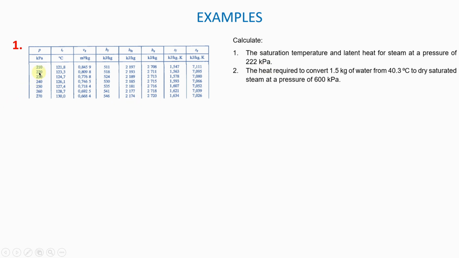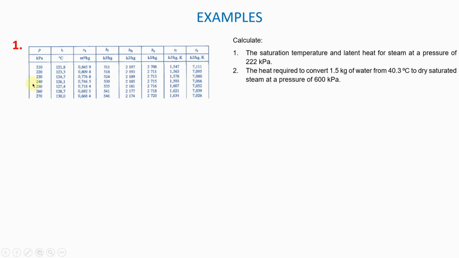If you look at it carefully here, you will see that you have 220 and after 220 you have 230 kilopascals. So there are no values in the table for 222 kilopascals. So then how will you get the value for the saturation temperature and the value for the latent heat? The latent heat is hfg, the enthalpy of evaporation.